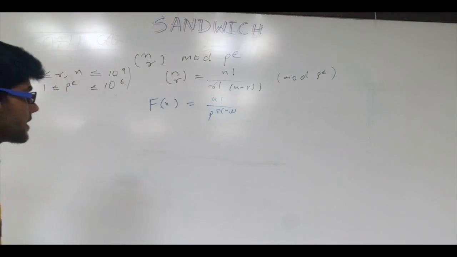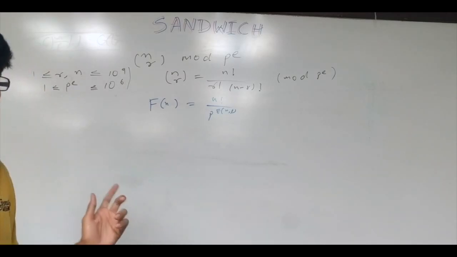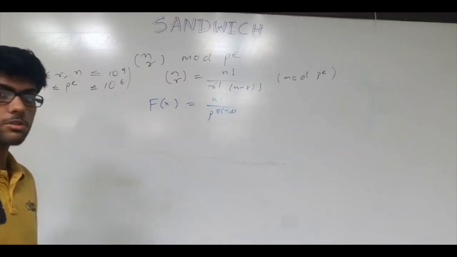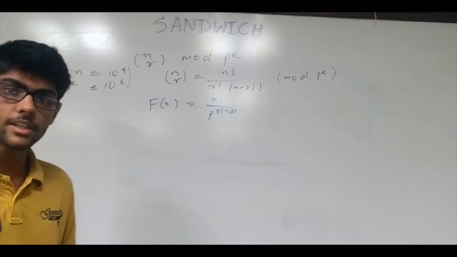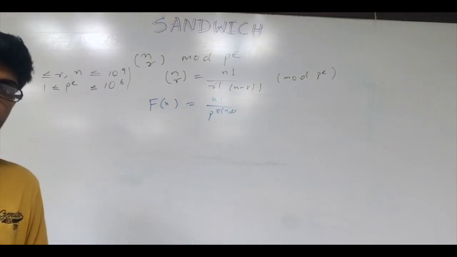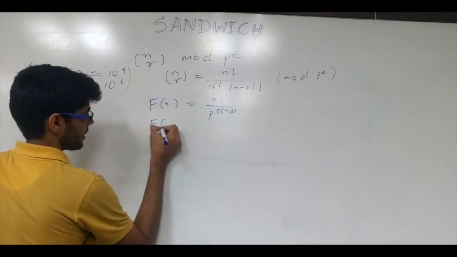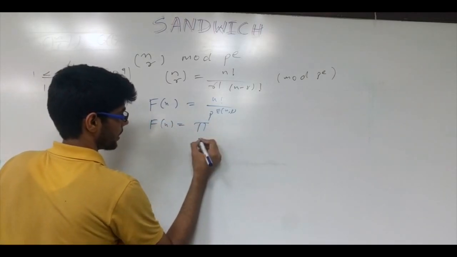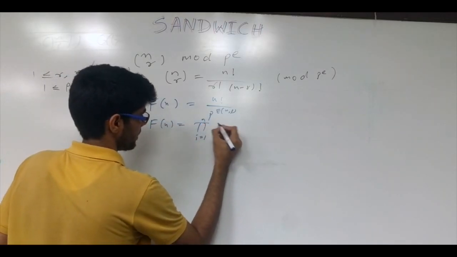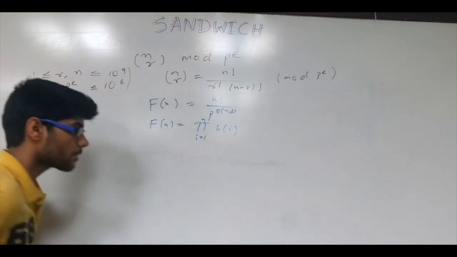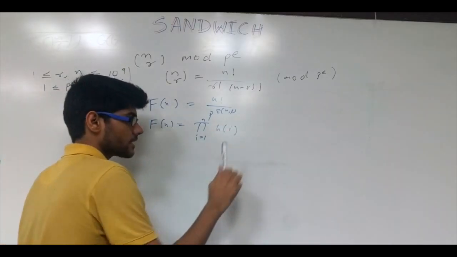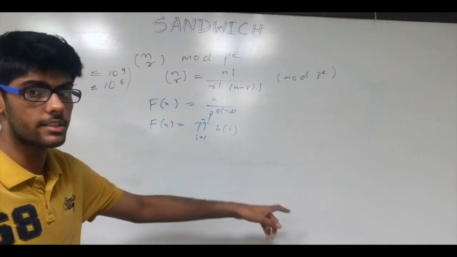Let's try to find F in terms of h. Notice that what h was doing is extracting all the powers of a prime from a particular integer. So we can say that F of n is equal to the product for I equal to 1 to n of h of I. Why? Because in h of I we are considering only that part which does not contain p.